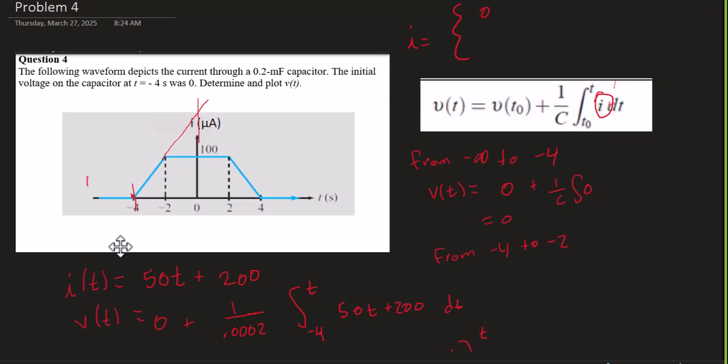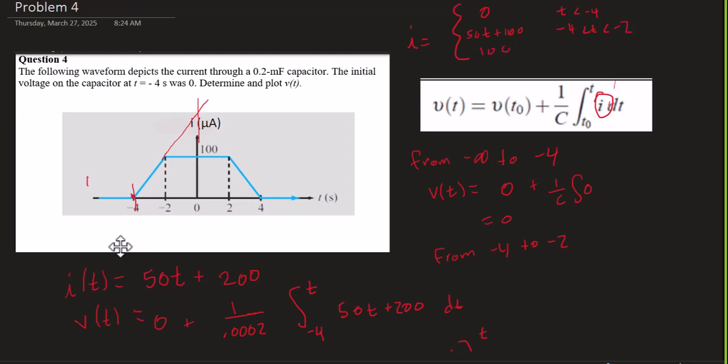My current as a set of functions is 0 for t less than negative 4. It is 50t plus 200 for t between negative 4 and negative 2.